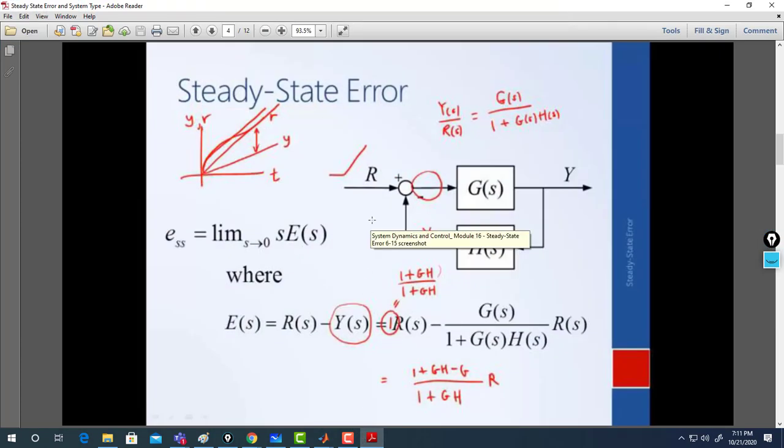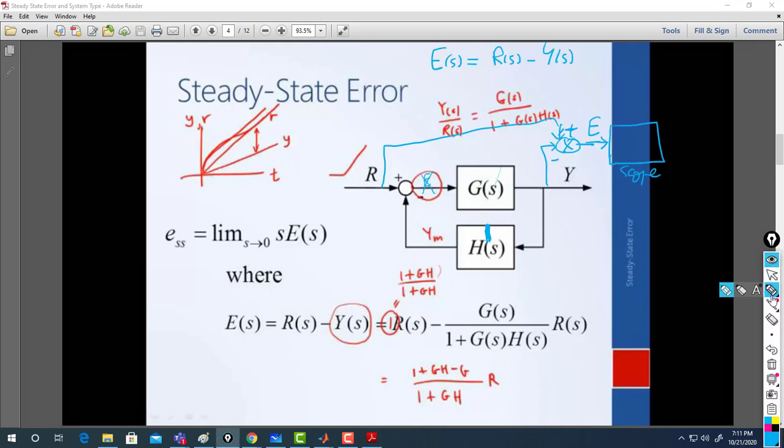If you want to keep this as the error, then come here and multiply by the sensor dynamic. If you put your sensor dynamic here before the reference, as in the YouTube video I showed you in your mini project, then yes, you can take this as the error.